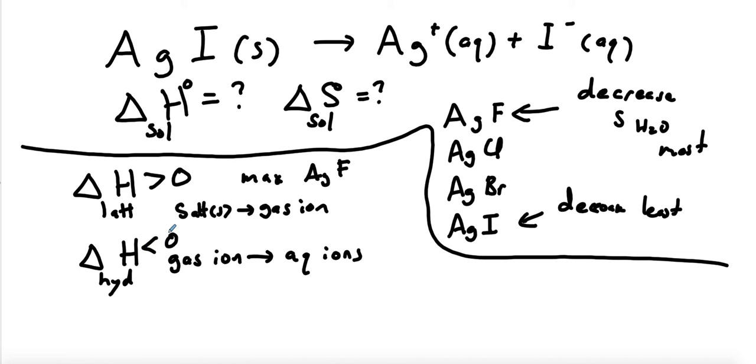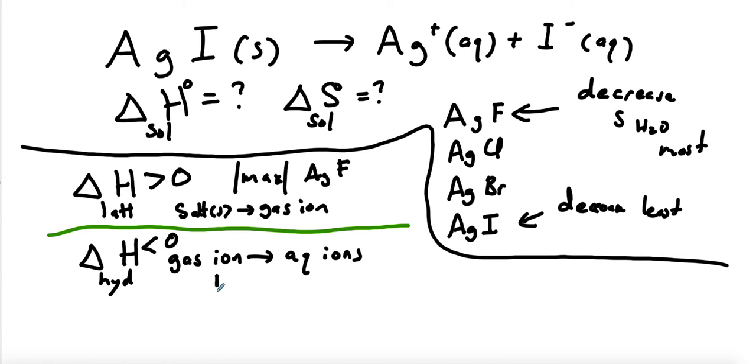So anyways, we're making interactions, we're not breaking any, so it's going to be exothermic. And we could also look at periodic trends there and say, well, the smaller the ions, the more strongly they're going to interact with water. So if we were going to try to predict, we would look at the charge density.